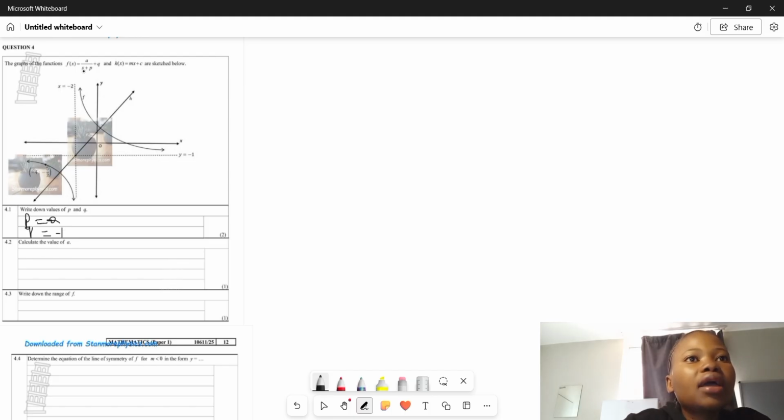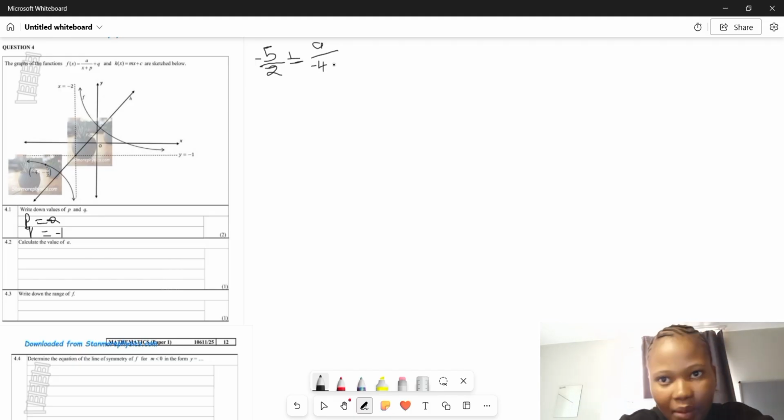We are going to take one point on the graph, negative 5 over 2, and substitute it: negative 5 over 2 is equal to A over (x plus 2), with x equal to negative 4, plus Q, which is minus 1.